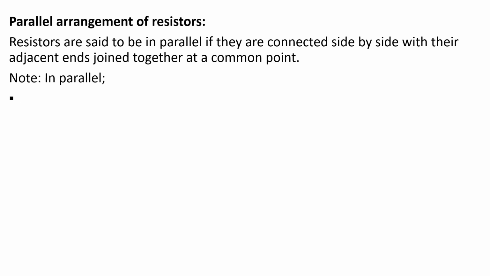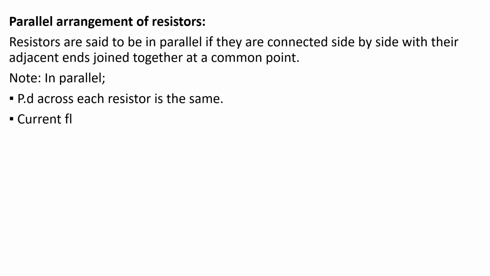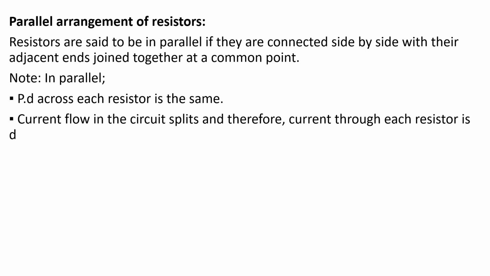Note, in parallel, the PD across each resistor is the same, because they are joined side by side. So they have the same PD at the adjacent ends joined together. The current flow in the circuit splits, and therefore the current through each resistor is different.